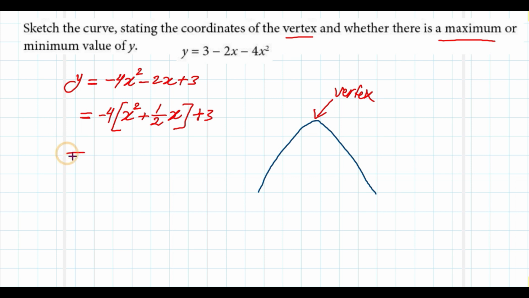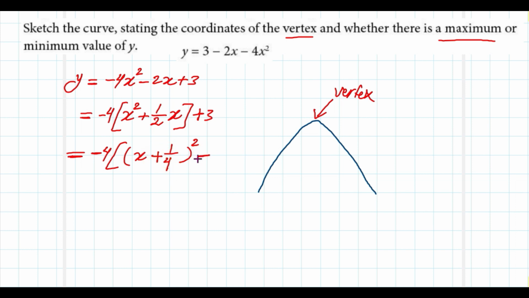Okay, then the next step is to convert the two terms inside the square bracket to the completing the square form. Open a squared parenthesis, then take the square root of x squared, and then the coefficient of x divided by 2. The coefficient is half, and divided by 2, it becomes +1 over 4.